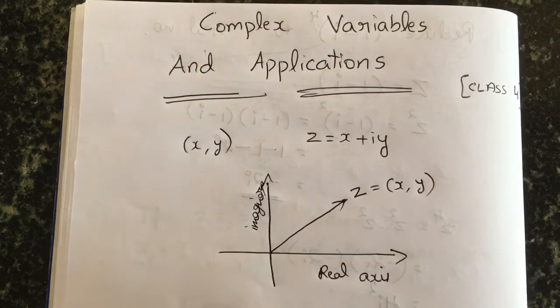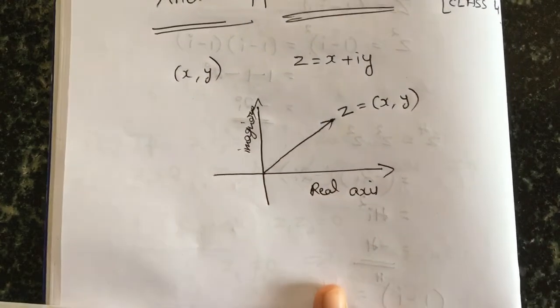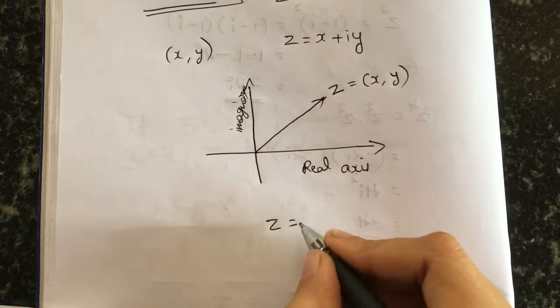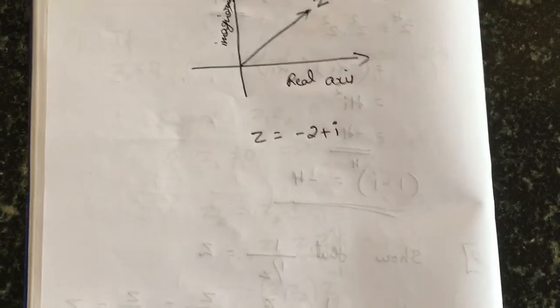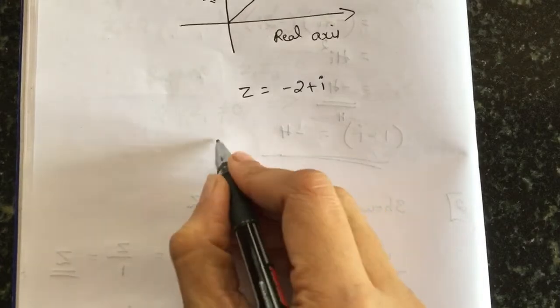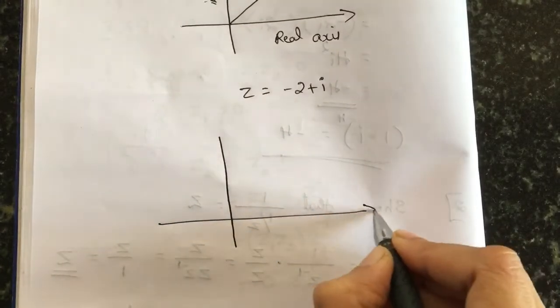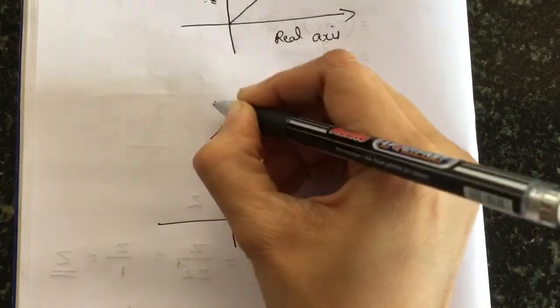Now suppose I want to represent a complex number z equal to minus 2 plus i in the Argand diagram. That's like this. This is the real axis and this is the imaginary axis.